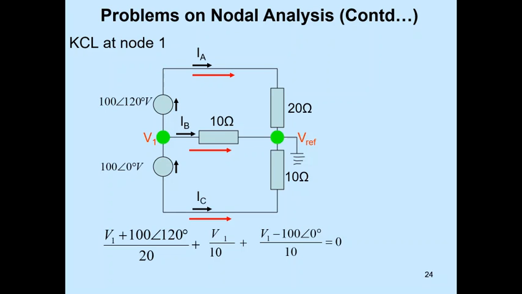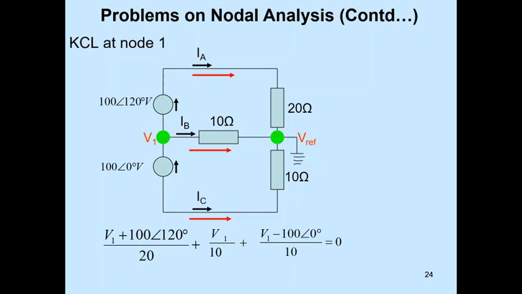See here the current direction. IA is in the same direction as the current source, so we take V1 plus 100 at an angle of 120 degrees by 20, plus V1 by 10.